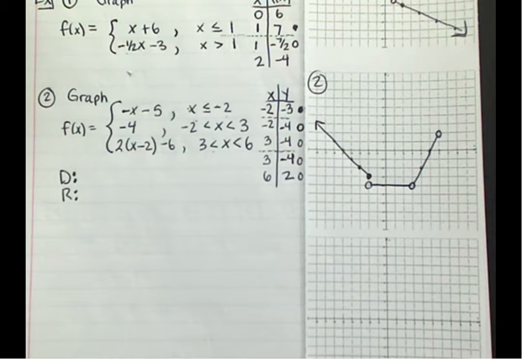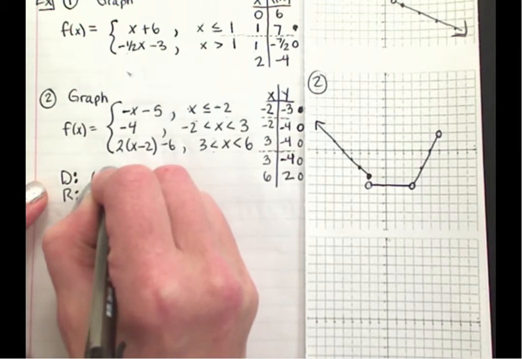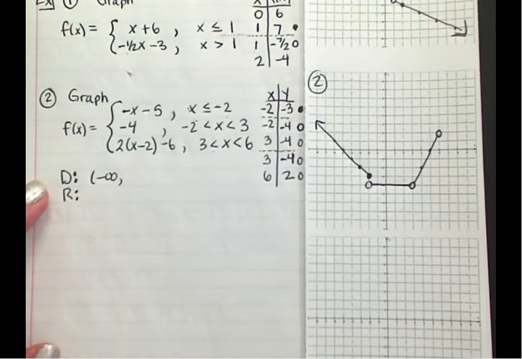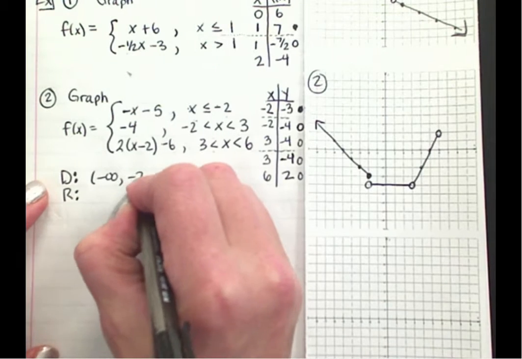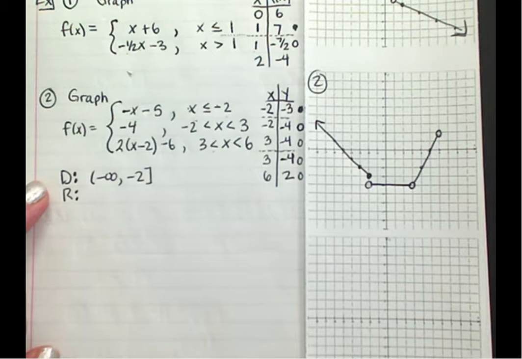Any suggestions? Yes, Laura? Open bracket, negative infinity. Okay, yes, agreed. To -2, close bracket. And then union.